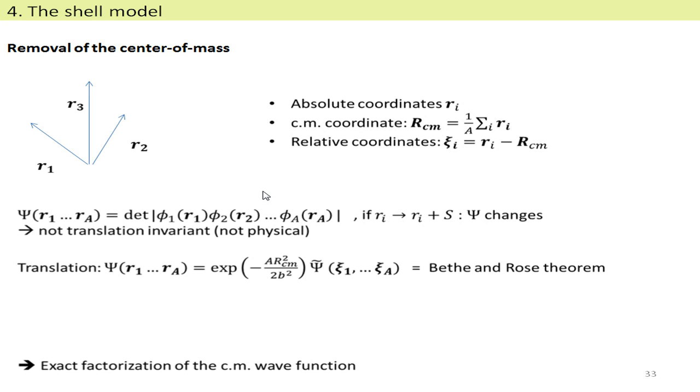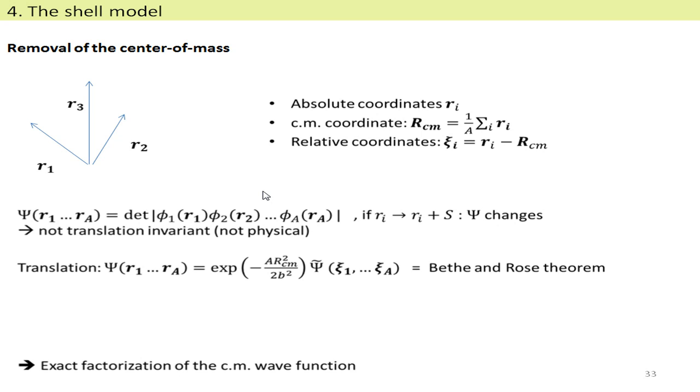A nice property of the shell model is that you can exactly factorize the center of mass function. So this Slater determinant, which is not translation invariant, can be factorized in a term which depends on the center of mass, this is a Gaussian, and a function which only depends on the relative coordinates. This is the physical part of the wave function, and it is translation invariant.